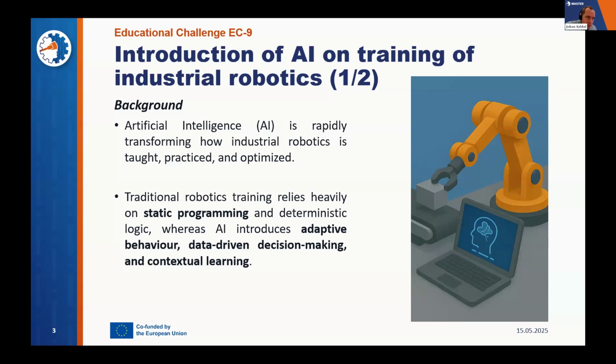You made a program and executed it, and it did what you had written there. But with AI, behavior is adaptive, it's data-driven, and so leading to decision-making on the fly, and there's contextual learning, so everything is much more fluent and transient.